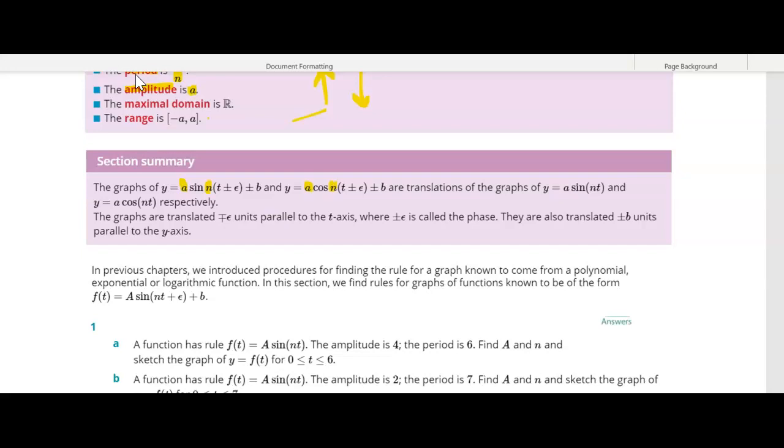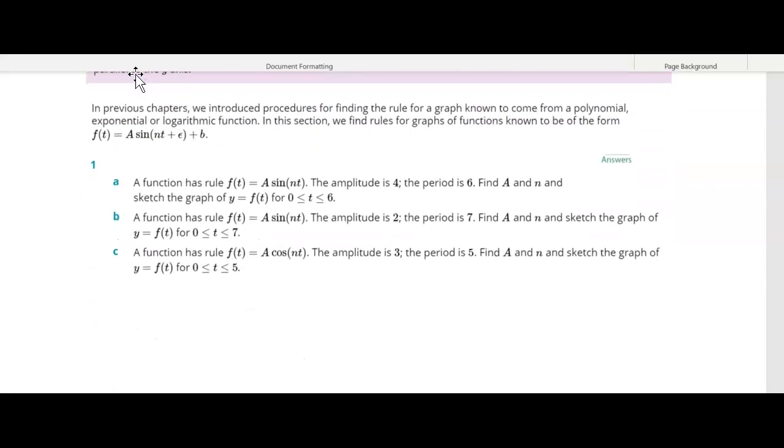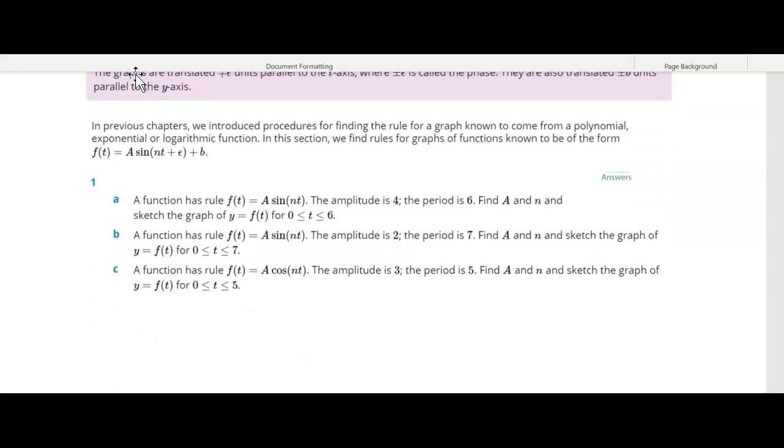Inside the brackets, we've got plus or minus epsilon, just another Greek letter, and that just means we're going left or right. And then plus or minus b, b being your vertical translation. Similar to other functions, really. You need to be familiar with all that to be able to get your rule.